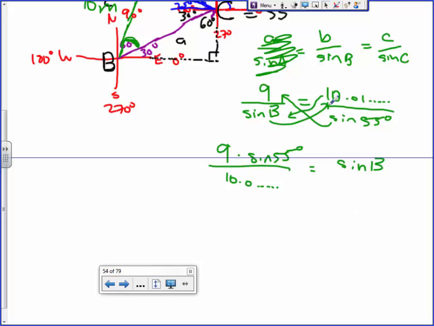Sine B is going to come up top. The 10 number, we don't want it next to the sine B, bring it down. The sine 55 is also not wanting to be there, we'll bring it up. Now sine B is by itself.